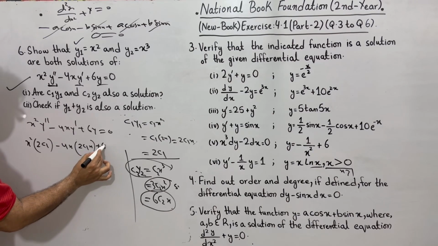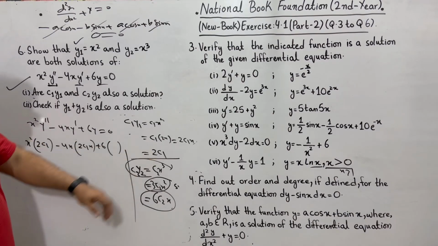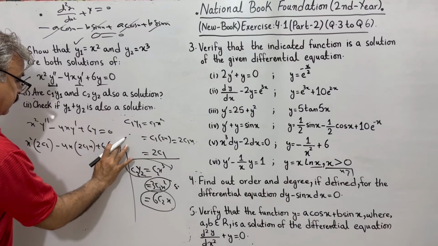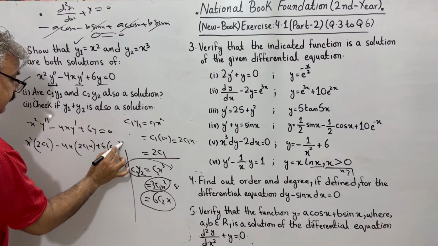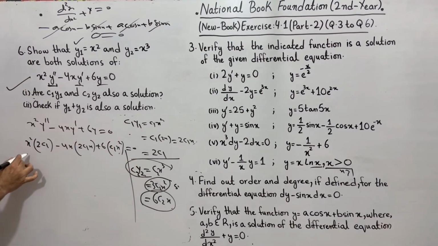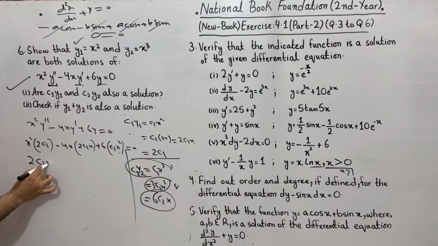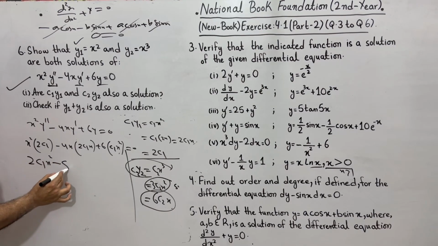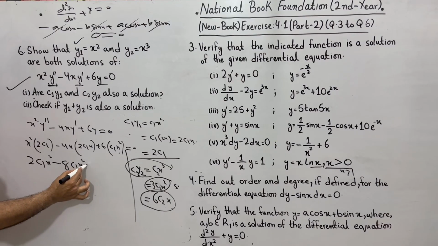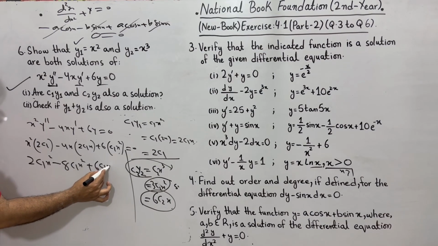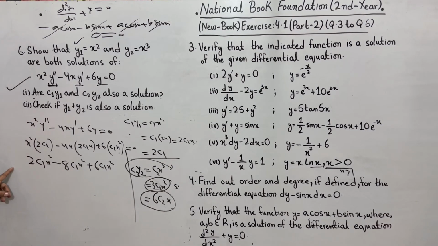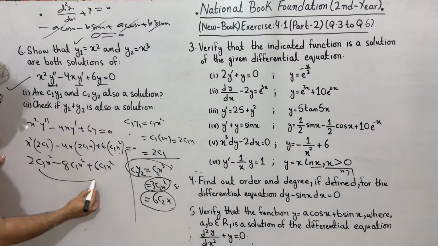2c1x plus 6, value of y is itself c1 x square. It will become 2c1 x square, 4 to the 8 c1 x square, that is 6c1 x square. This is 2 and this is 6.